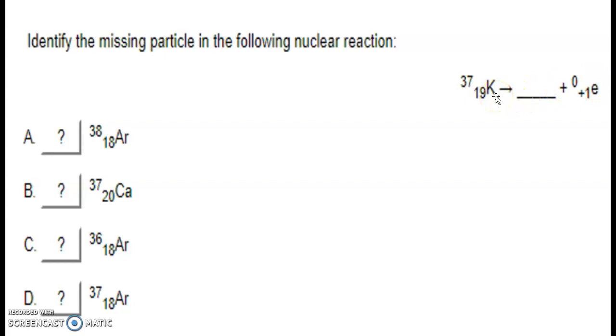So if it's on this side of the equation, you're going to add it together to get 19. So 1 plus what equals 19? Your answer is going to be D, argon 37.